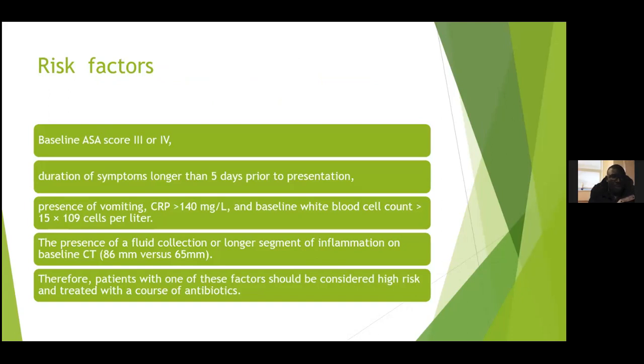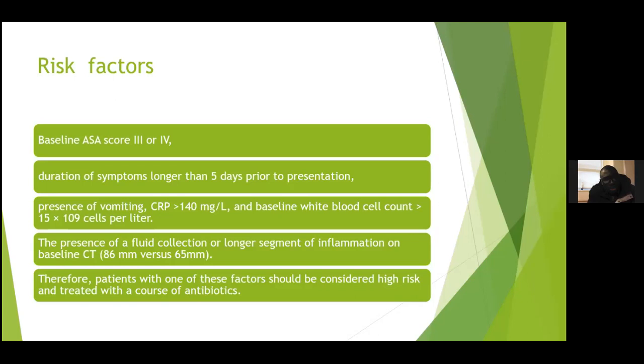Or those who have symptoms longer than 5 days prior to presentation, or those who have a very high CRP of up to 140 with a baseline raised white cell count up to 15. And if you have the presence of a fluid collection or a longer segment of inflammation on baseline CT scan.